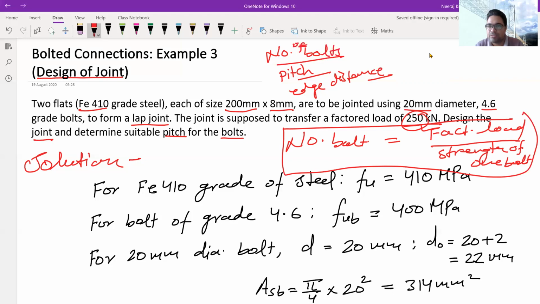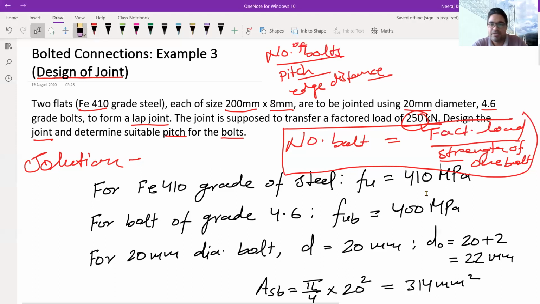The strength of one bolt is determined by calculating the shear strength and the bearing strength of the bolt. The strength of the bolt will be the least of the shearing strength and the bearing strength. The first example was based on that, so you can refer to it to see how to get the strength of one bolt.